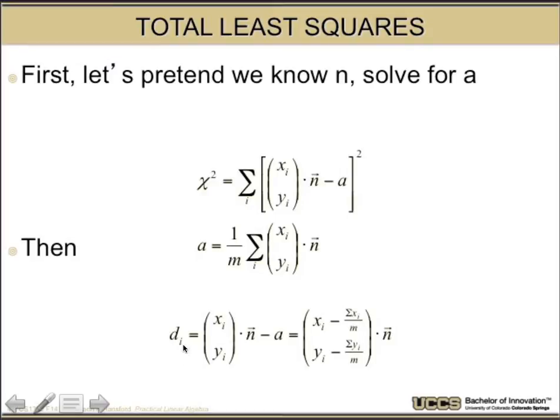And if we do that, we can plug this back into our distance and get that our distance is just x sub i minus the sum over x sub i over m, the mean, and y sub i minus the sum of y sub i over m, or its mean, dotted with n. Okay, so far what we've done is just assume we knew one, plug it in, so we get back an equation with just one set of unknowns, n.